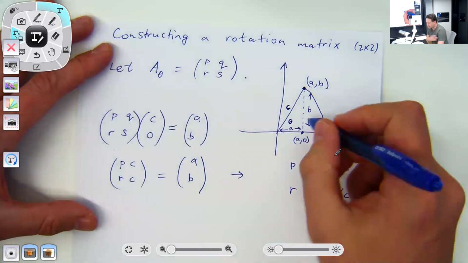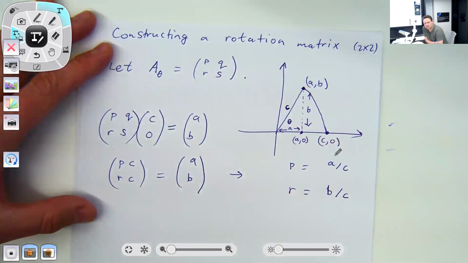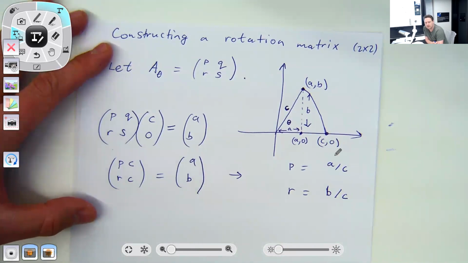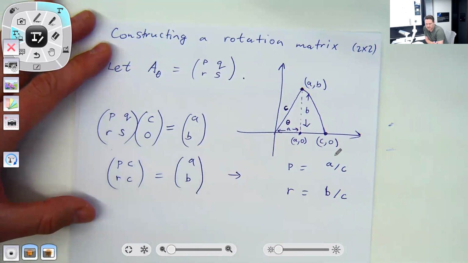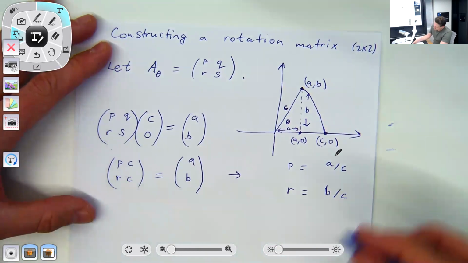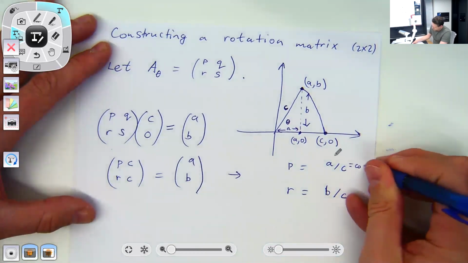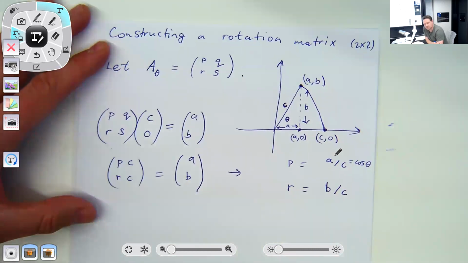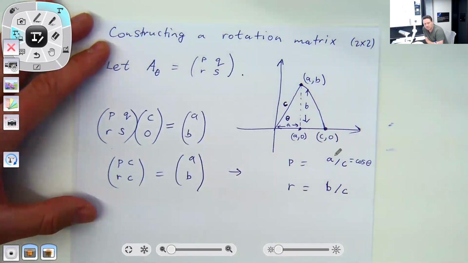Okay, but if you look at the diagram, you can see there that A divided by C, that's a trig ratio, right? So that's adjacent over hypotenuse, which is cos theta. So just write in here cos theta. Now, can we do something like that for the letter R?